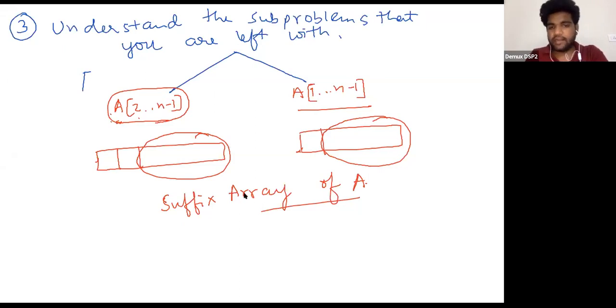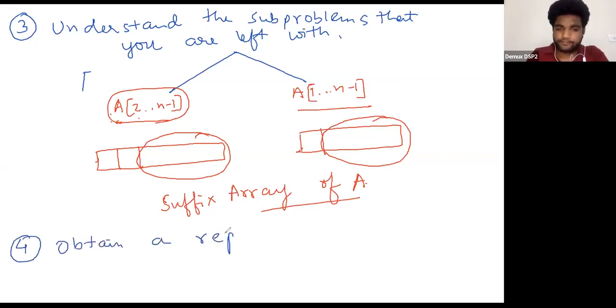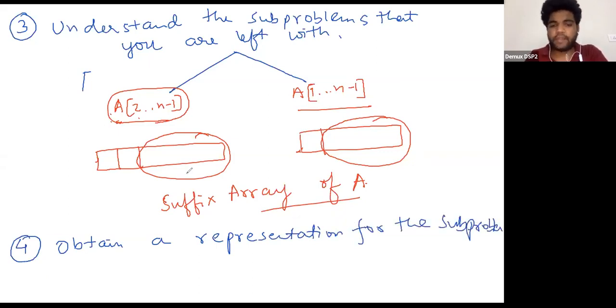So once you understand the sub problems that you are left with, the next step is to try and obtain a representation for the sub problem. So step 3 will help you in obtaining a representation for the sub problem.